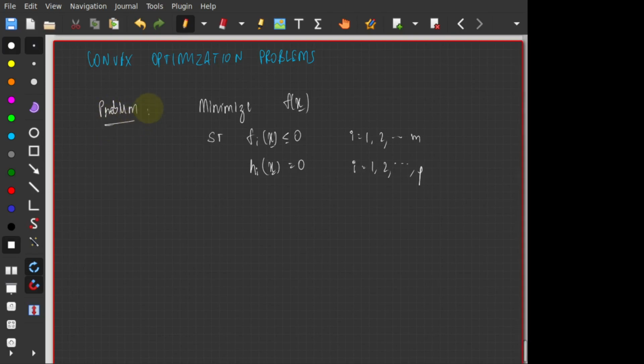So this is what I'll call the standard form of a convex optimization.